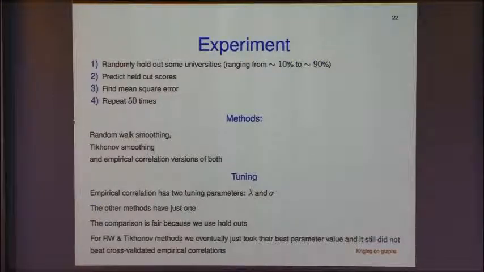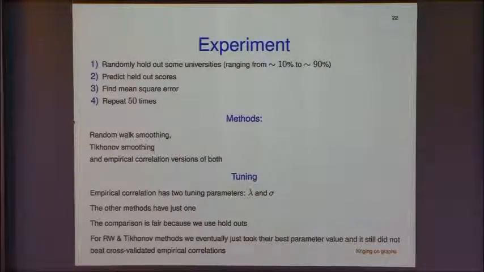In our experiment, we would randomly hold out some universities, maybe 10% of them, or maybe 90%. Holding out 90% is closer to what we're trying to achieve. And then we'd predict the held out scores, find the mean squared error, and repeat this 50 times, just to make sure we didn't get a lucky or unlucky holdout. The methods we used are the two that I showed you, random walk smoothing and Tikhonov, and then our empirical correlation versions of both of them.